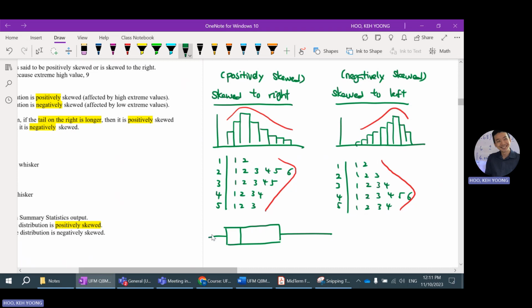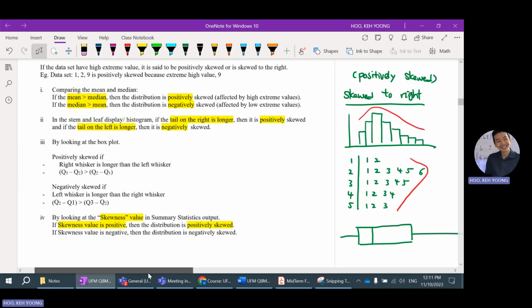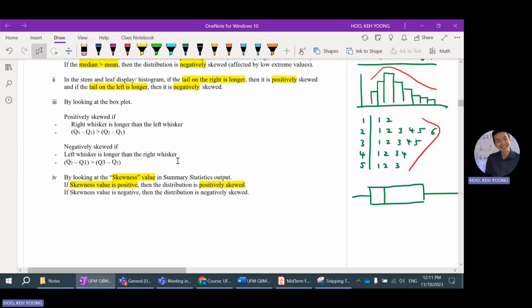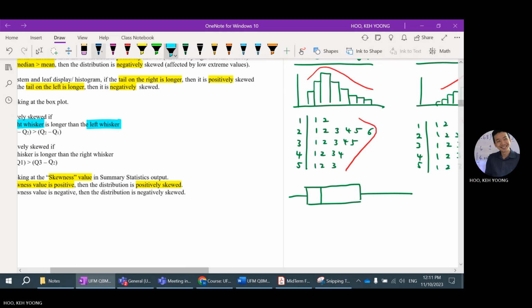So I've explained in words, if it's positively skewed, the right whisker is longer than the left whisker. This is the right whisker, and it is longer than the left whisker.